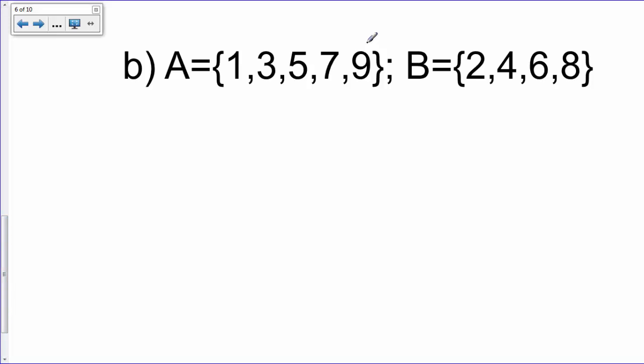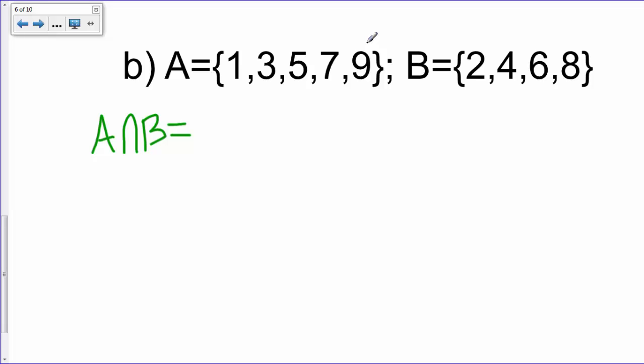To find the intersection of A and B, that's again where we're talking about the elements that are in both. So in A we have 1, 3, 5, 7, 9, and in B we have 2, 4, 6, and 8. Well, A is all odd numbers, and B is all even numbers.